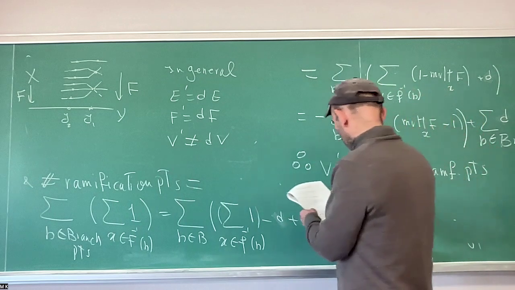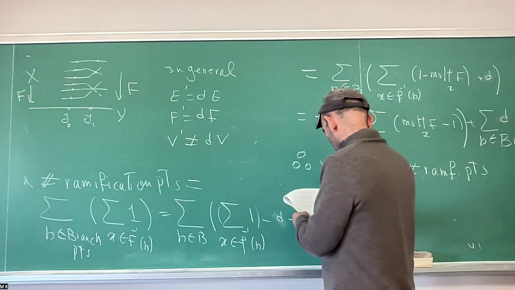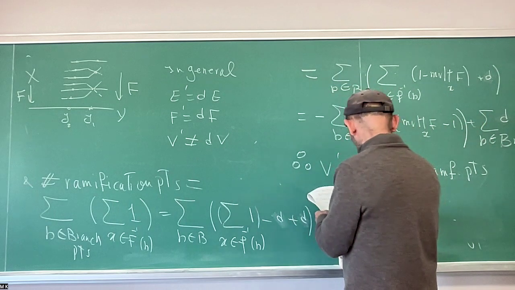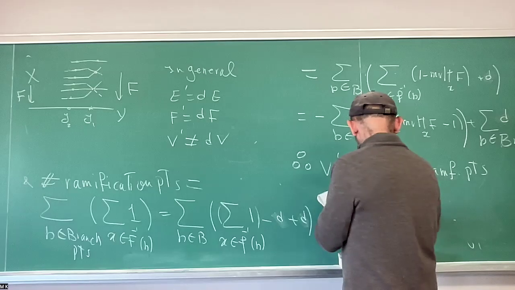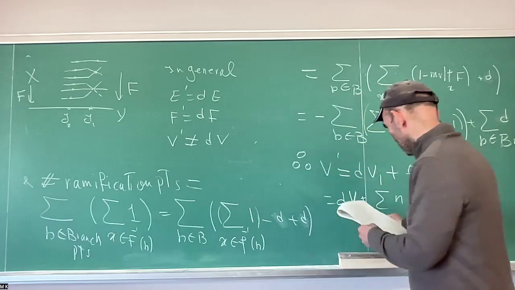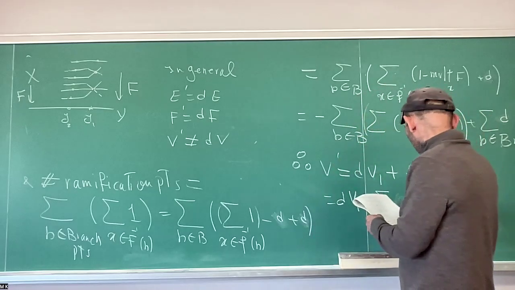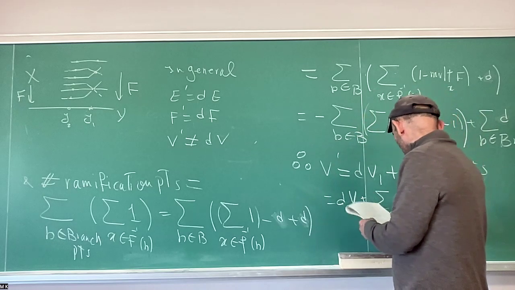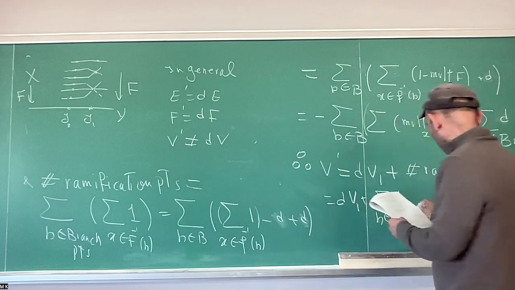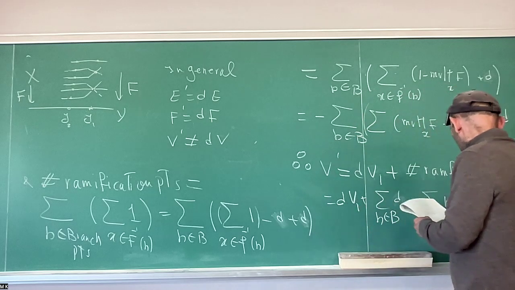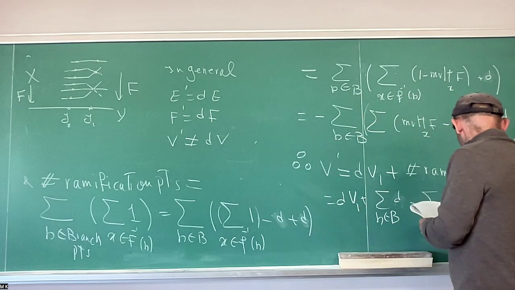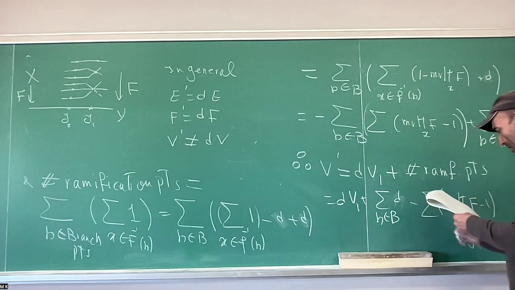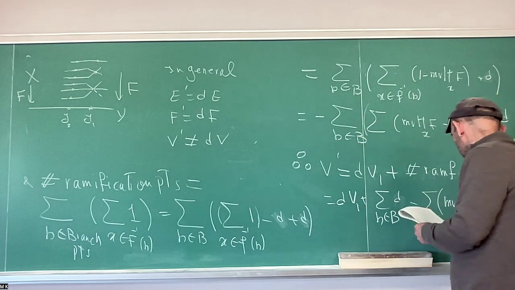It comes out equal to dV1 plus the sum of d over branch points minus the sum of the multiplicity of f at x minus 1, where x belongs to the preimage.